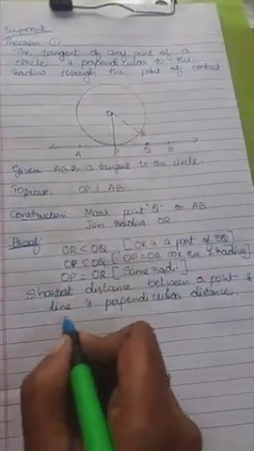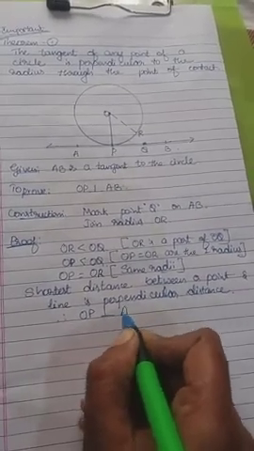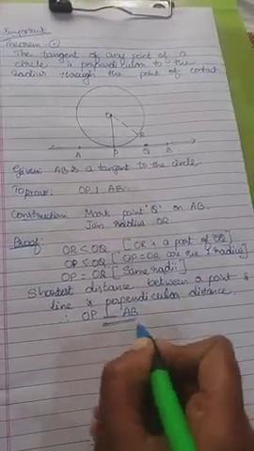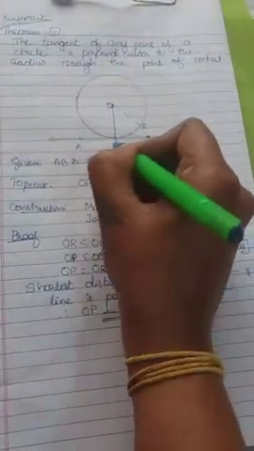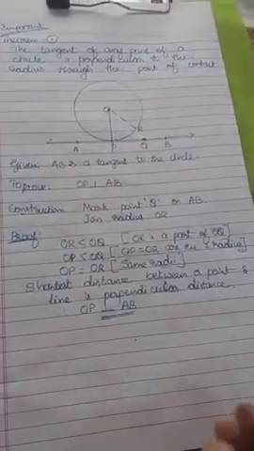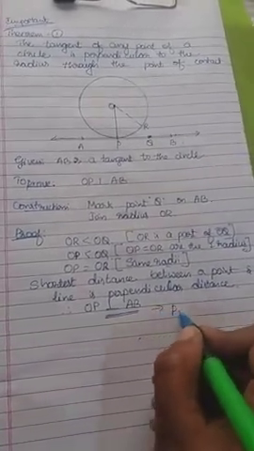Therefore we can write OP is perpendicular to AB. If it is the shortest distance compared to Q, then that is perpendicular. So therefore we can write OP perpendicular to AB. So it is proved.